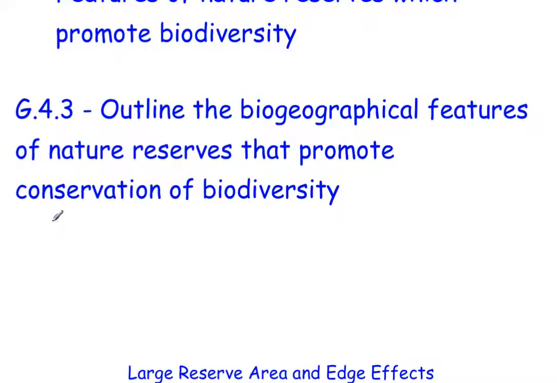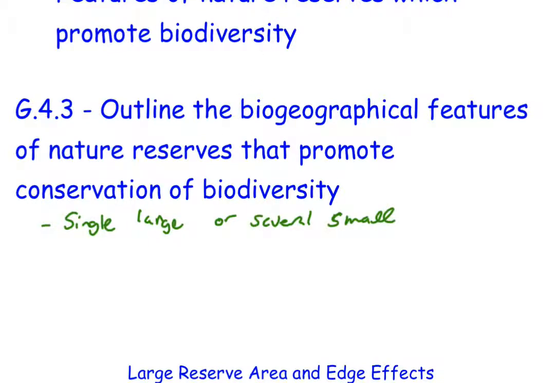The two sides of that argument were either a single large reserve, or having several small reserves. The different sides argued their cases about whether a reserve should be just a singular large nature reserve, or whether they should have several small ones interspersed with each other.